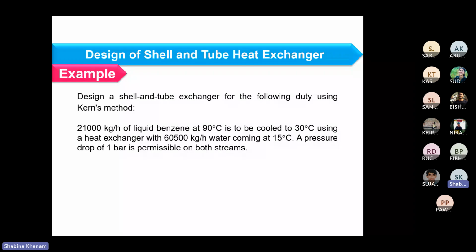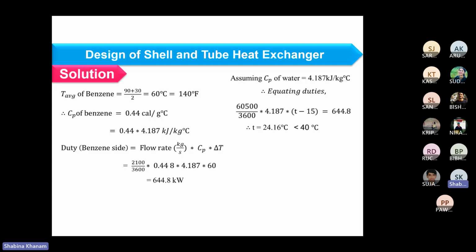Here we are calculating the parameters involved in that flow chart. The first thing is to find the heat duty, and to find it we need the specific heat of benzene. Benzene is one fluid, and water is the other fluid.